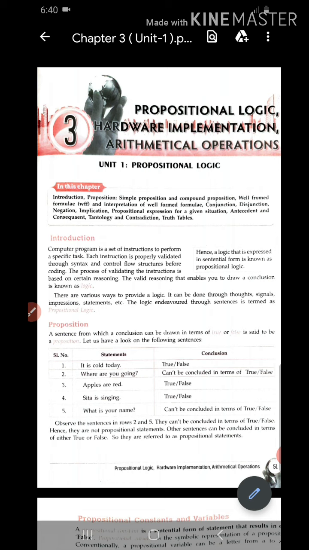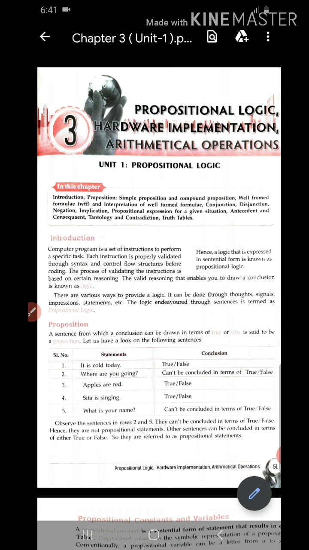Then we are creating some statement which allows us a particular reasoning. That is our logic. That reasoning provides us some conclusion. We are using some statements. That statement provides us a particular conclusion. Then it is a logic.